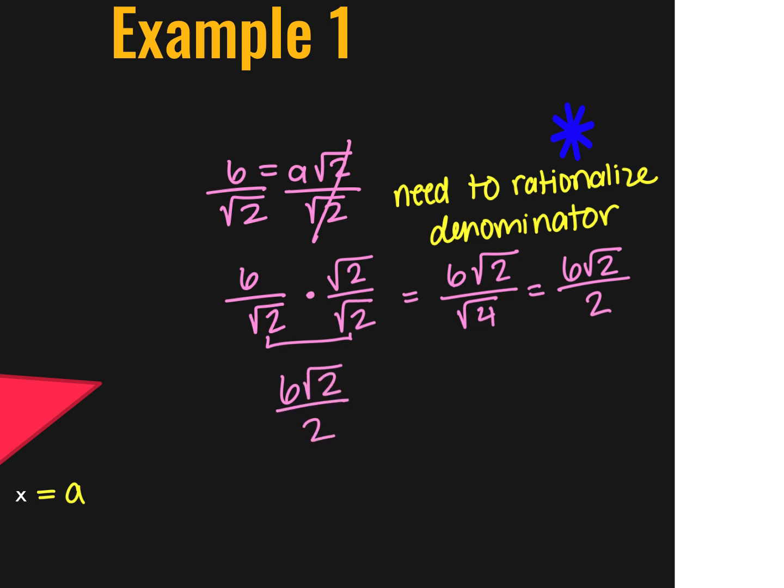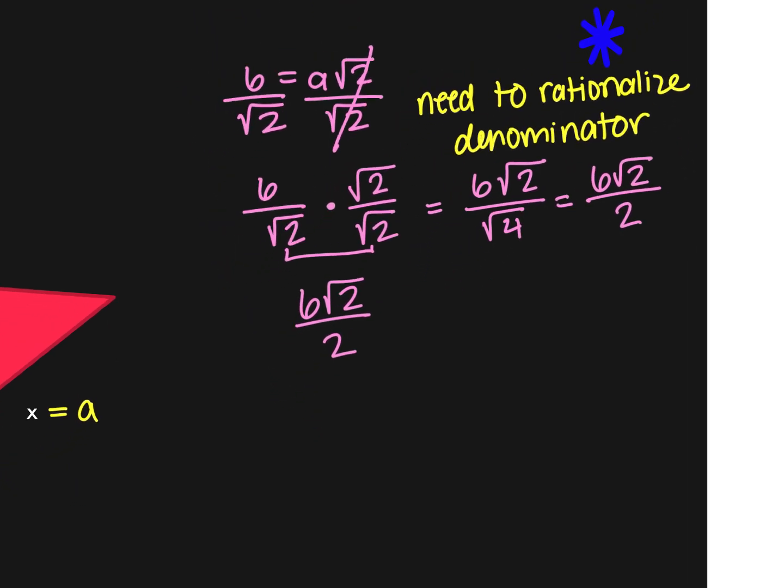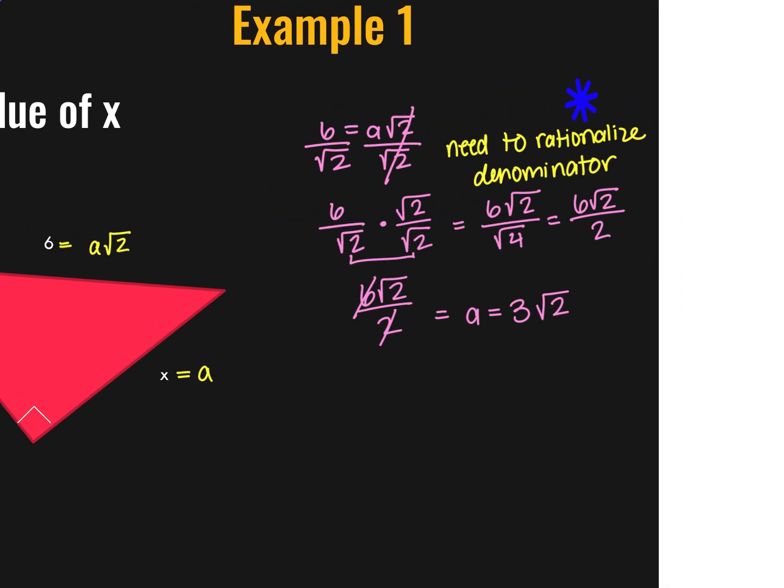I'm still not done. I have to simplify it. It simplifies by 2. So a is going to equal 3 radical 2. So I did get my answer: a is going to equal 3 radical 2.